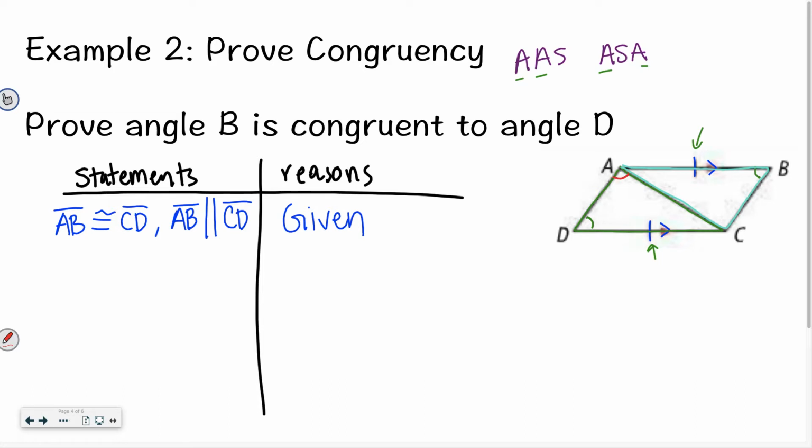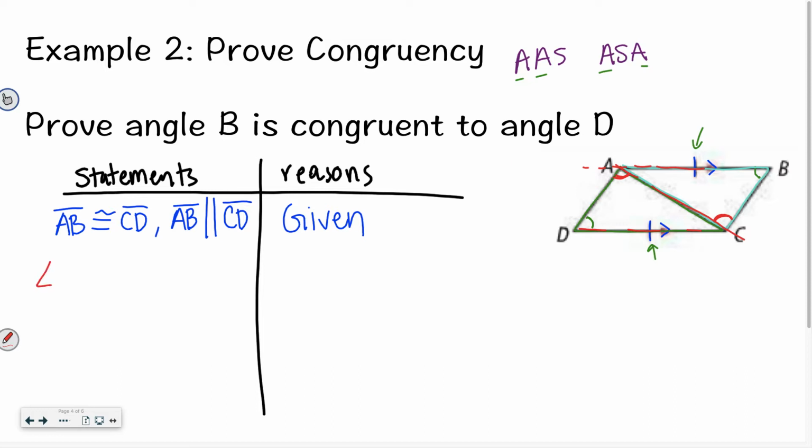So I want to look and say, what angle is this red one congruent to? Well, it would be congruent to this angle over here, because here's my parallel lines, here's my transversal. That would be alternate interior angles.